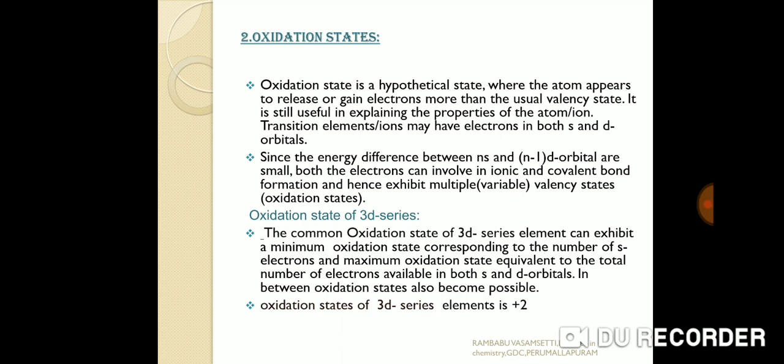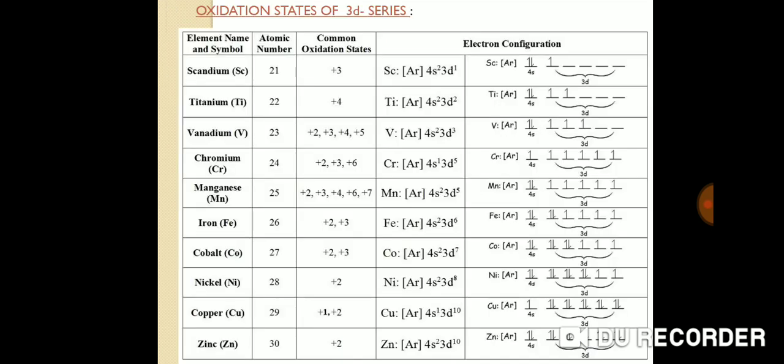The common oxidation state in the 3d transition series is +2, and the various oxidation states are given below. Scandium shows +3, titanium +4, vanadium +2, +3, +4, +5, chromium +2, +3, +6. Like this, they show different oxidation states.